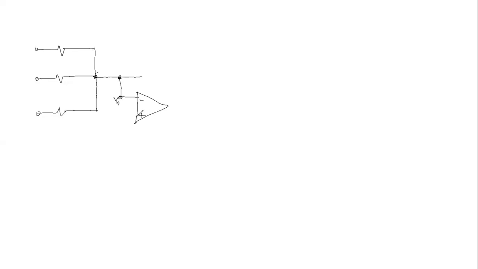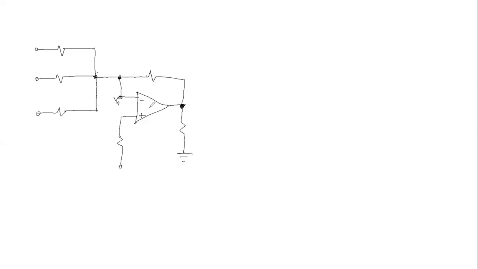Then the non-inverting branch is connected to this resistor, then is connected to another voltage value. So here we have the feedback resistor, and then this again is connected to ground.